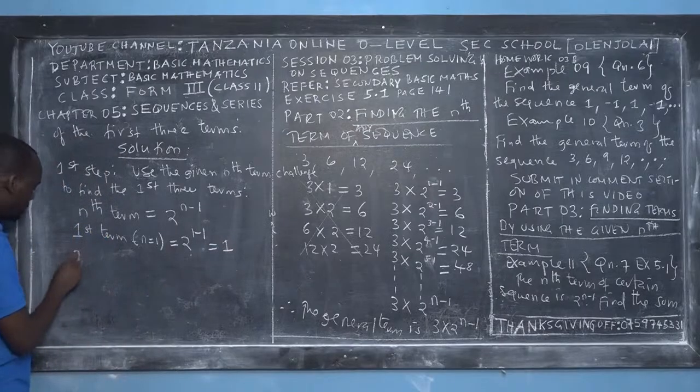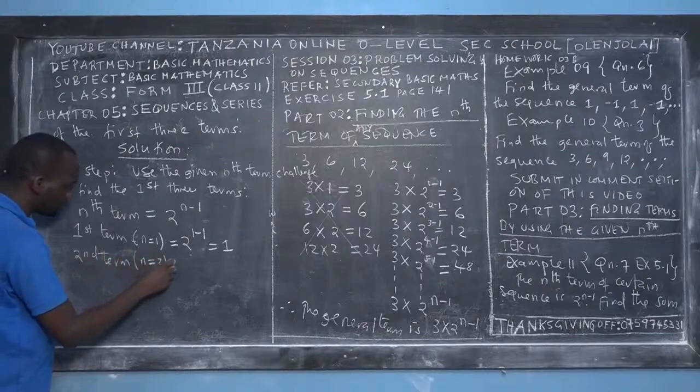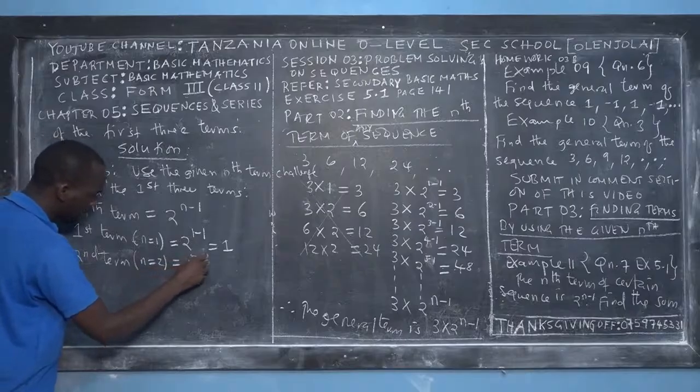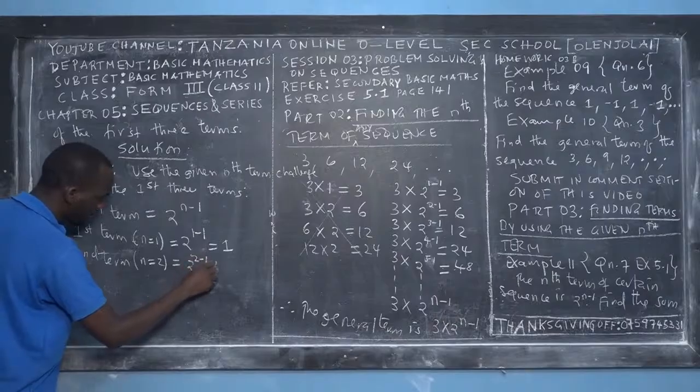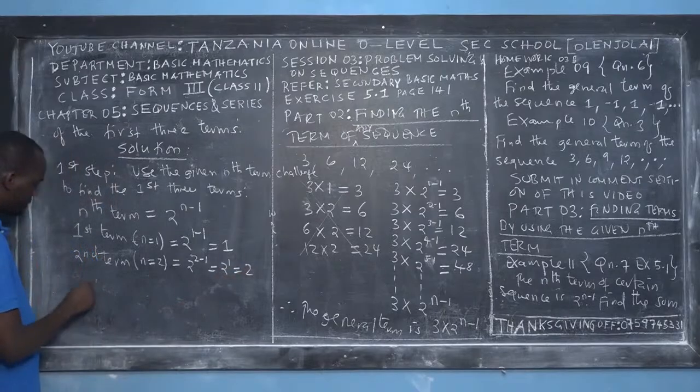Good. Second term: the second term we find when n is equal to 2. So this will be 2 power 2 minus 1. So 2 minus 1 is equal to 1, so it will be 2 power 1, which is equal to 2.